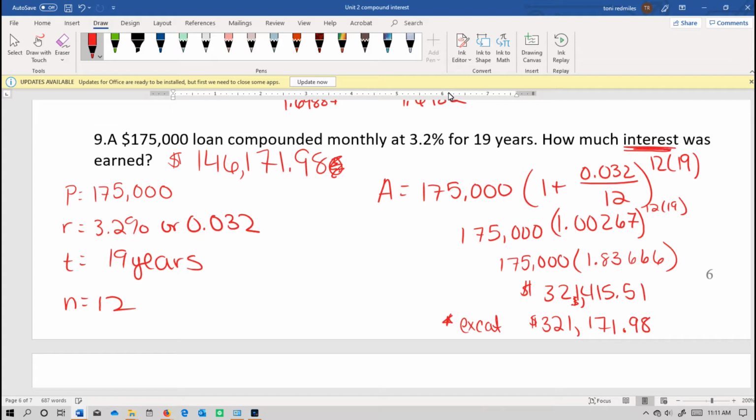The question asked the interest. Okay. So if this is what my principal is, and this is what my amount is, okay, remember the amount is always made up of principal plus all the interest we earn or we pay on a loan. So I know what my total amount is, and I'm going to use this one.